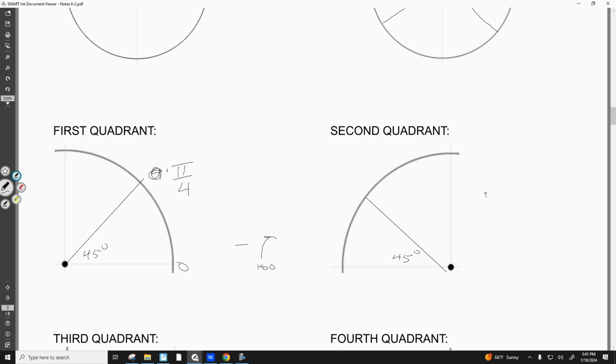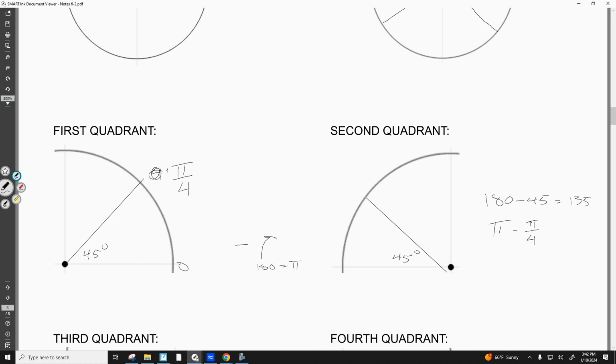I do 180 minus 45, and I get 135. Great, great. But the alien doesn't understand why we're using 360. The alien doesn't like this. So I change it. We talk about lengths around our unit circle. 180 is the same as pi. I got pi here. And instead of subtracting 45 degrees, I'm like, oh, the arc length equivalent to that 45 degrees around the unit circle is pi over 4.